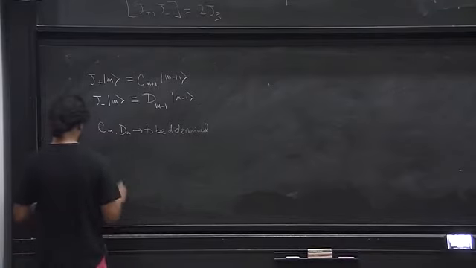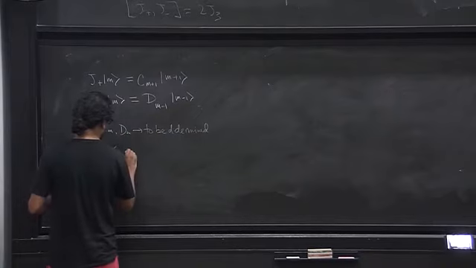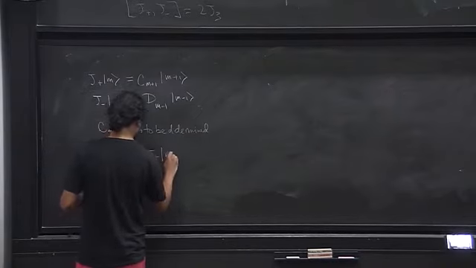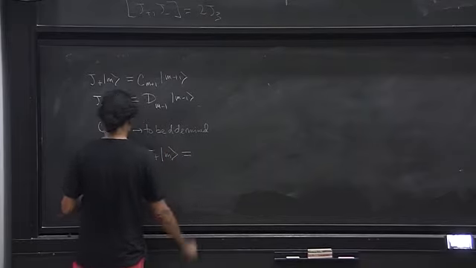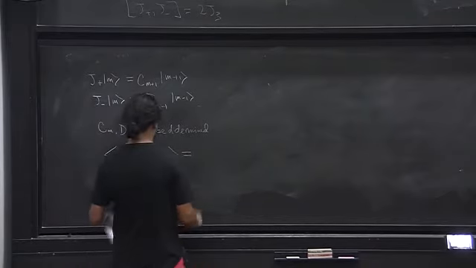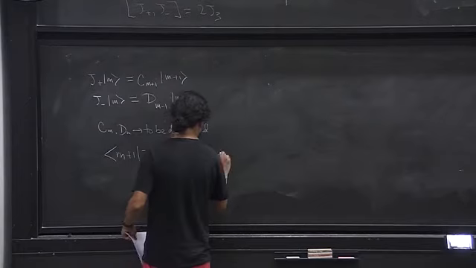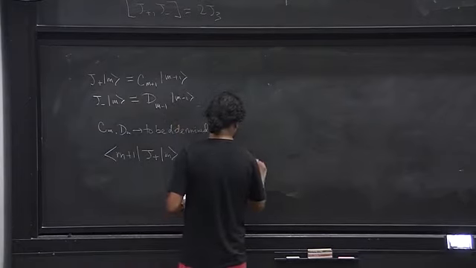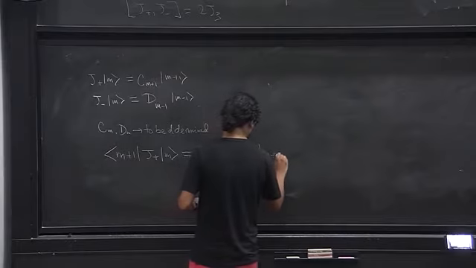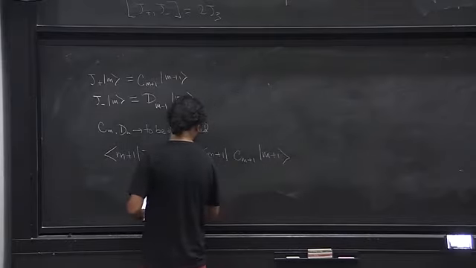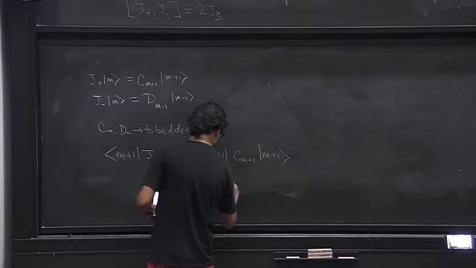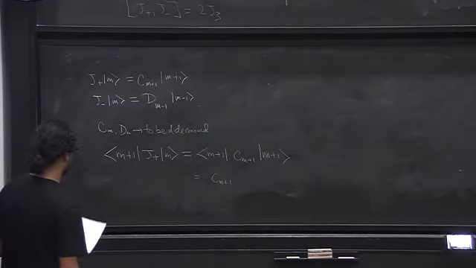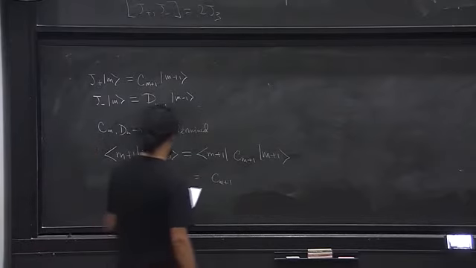So consider this object, which is just a number, and the state m plus 1 is normalized, so this becomes that.